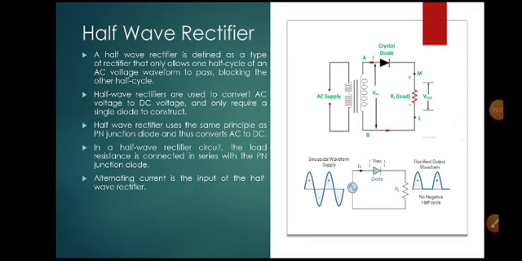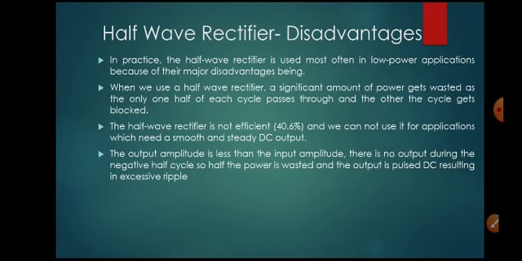That's why only the positive half of the signal comes as output, and the alternate half of the signal is blocked by the PN junction diode.